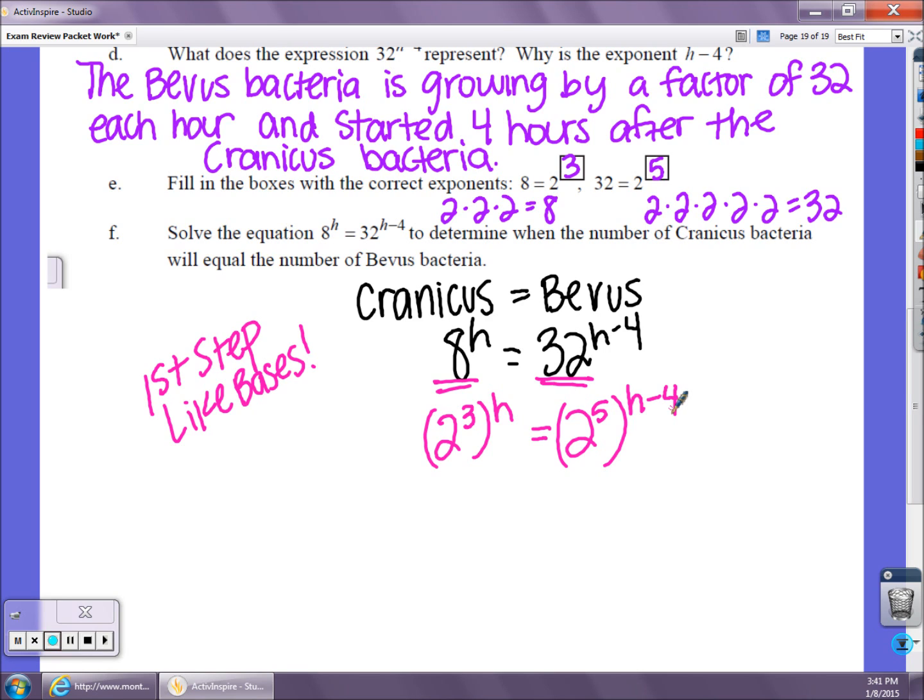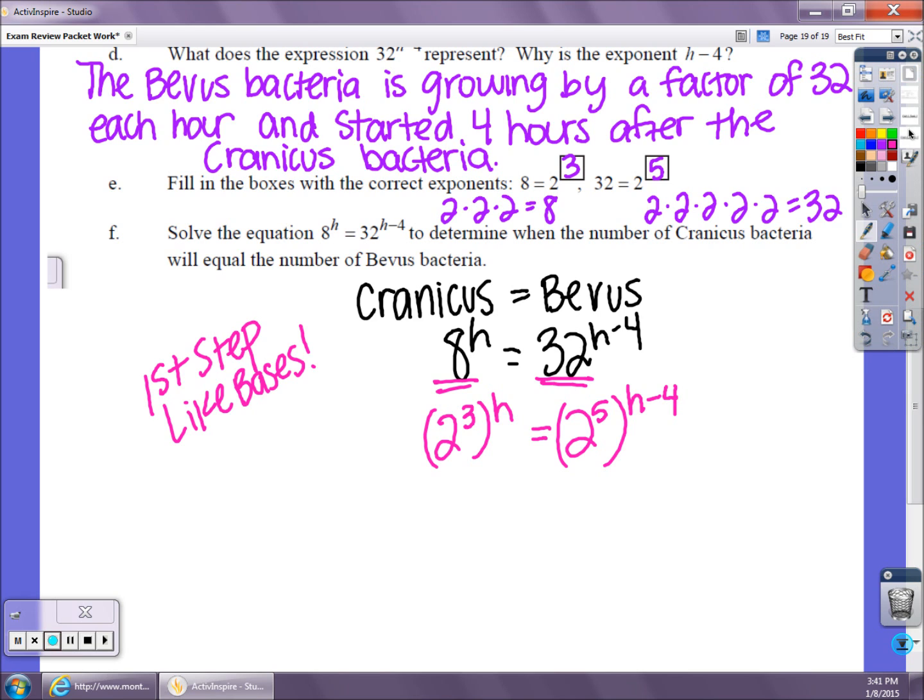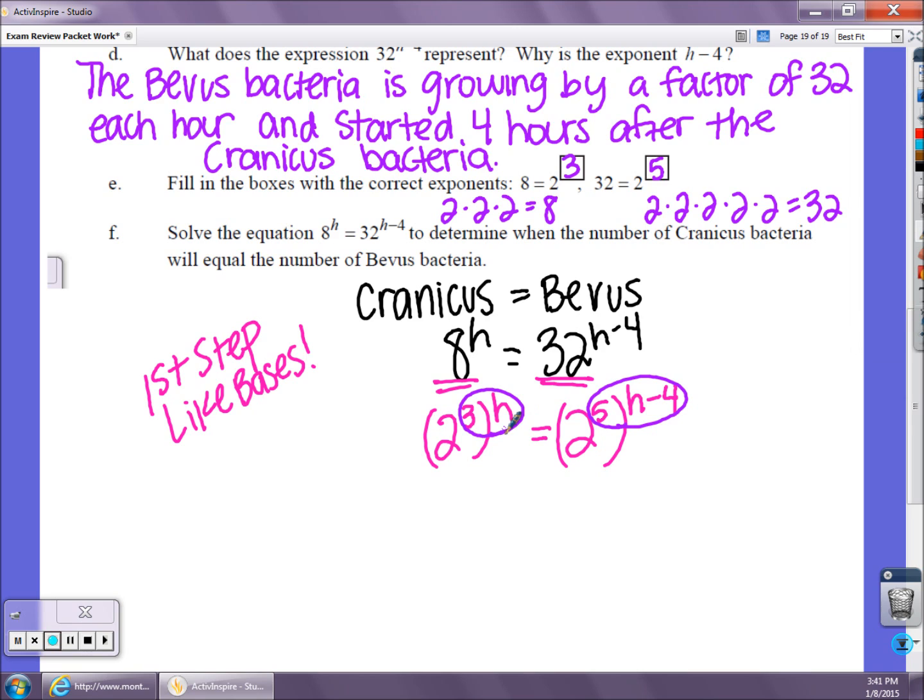Okay. Now we're going to use the power rule to simplify this here. So I need to multiply my exponents. So I have 2 to the 3 times h equals 2 to the 5th times h minus 4. Notice my parentheses there because I need to use the distributive property. That 5 is going to be multiplied by both h and negative 4.